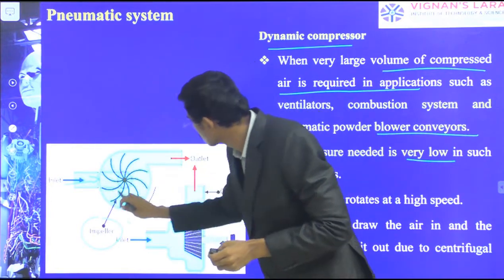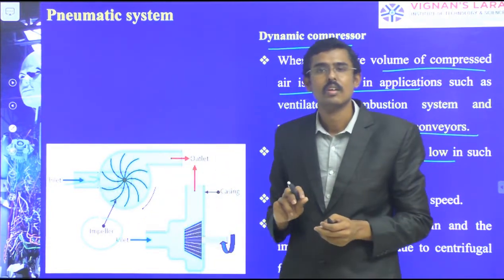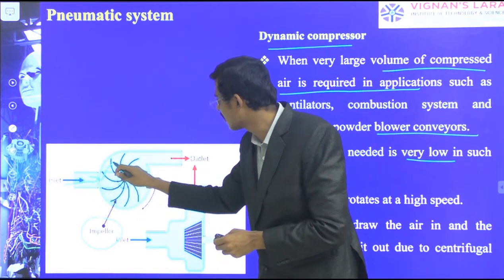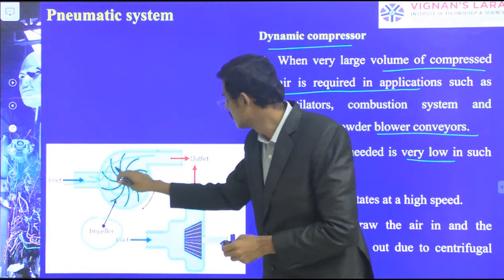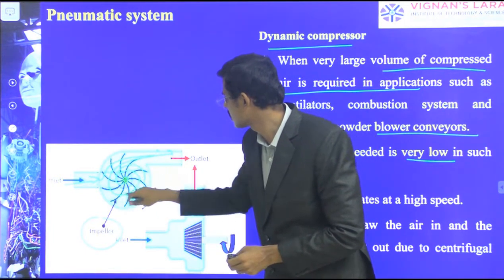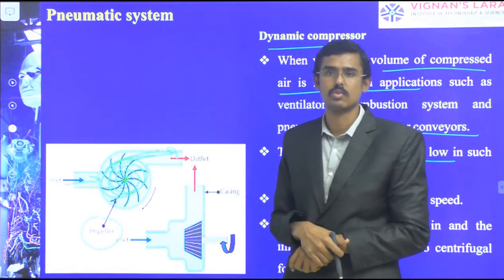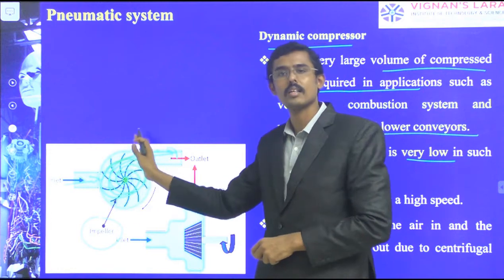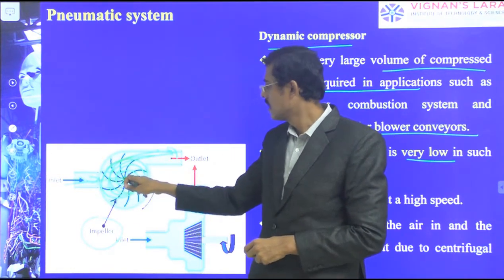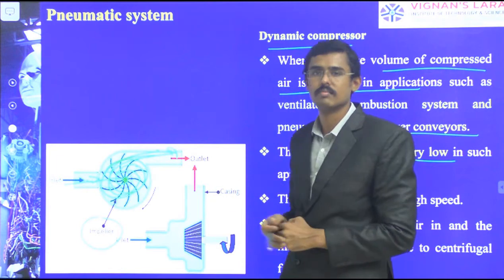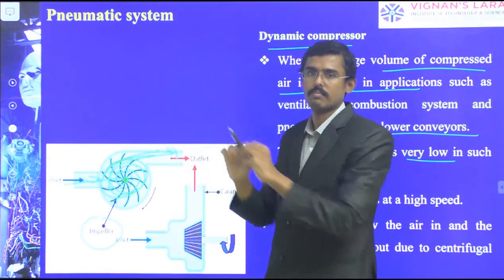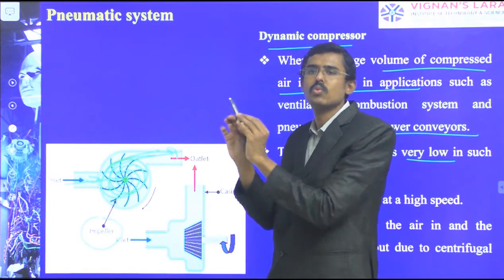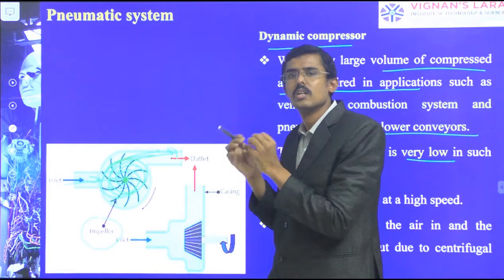So what happens? The impeller is rotating, and the inlet flow of air is going to travel and be thrown, because from the center it keeps being thrown outside by centrifugal force. This force takes the air to the outer part. From the center it is received, rotated, and thrown outside with high force, at high pressure. If the impeller runs slowly, the pressure is less; at high speed, the pressure is high.